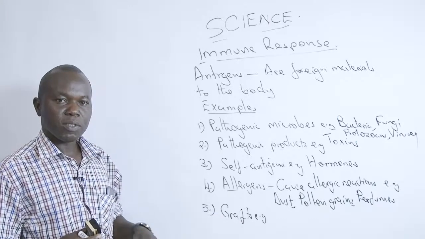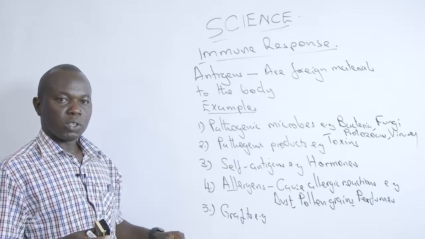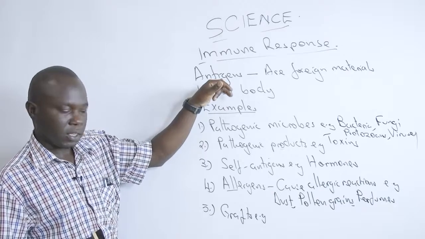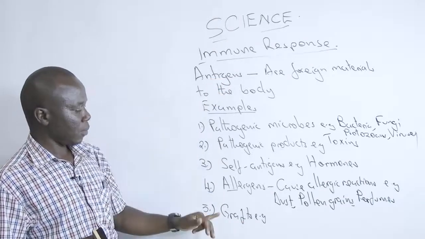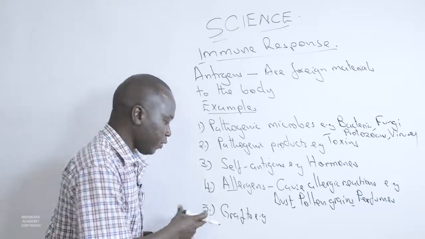But sometimes those parts that have been donated are rejected. So when they are rejected, they form part of antigens. Not all grafts are antigens, but the ones that are rejected. So, graft rejection.